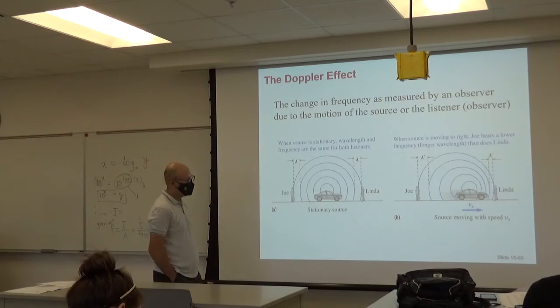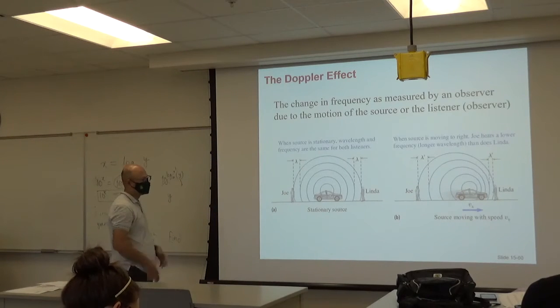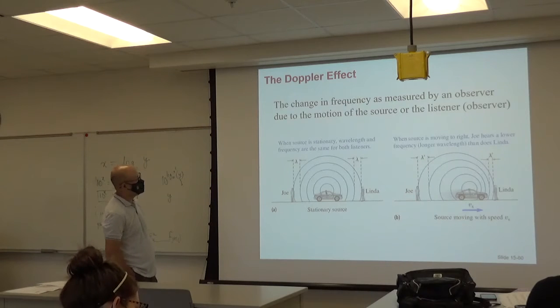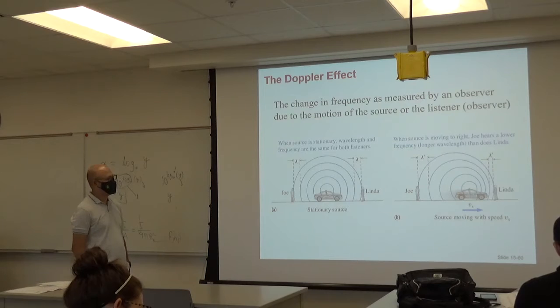If the observer or the source of sound are in motion relative to each other, the frequency of the sound changes. So that's the Doppler effect. Okay? So it's the change in frequency as measured by the observer due to the motion of the source or the listener or observer.